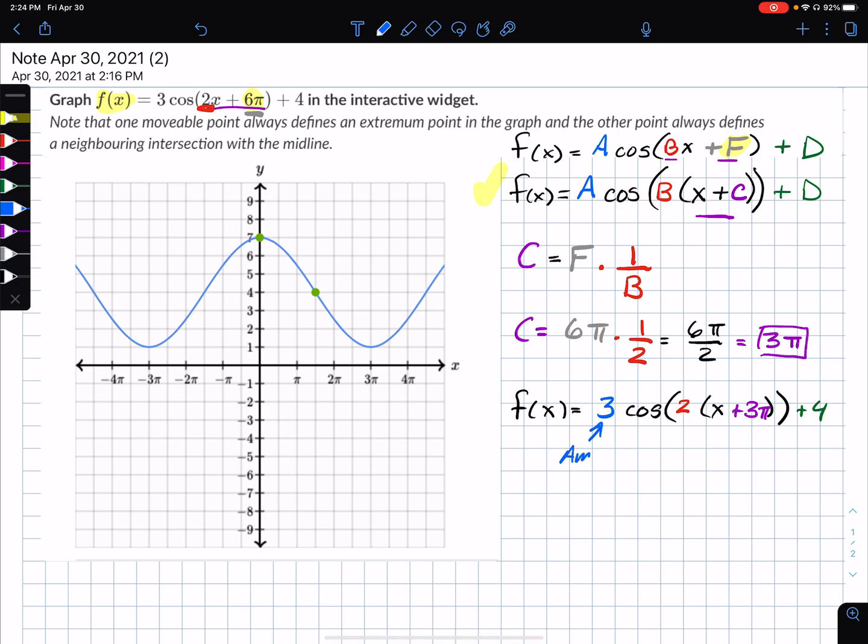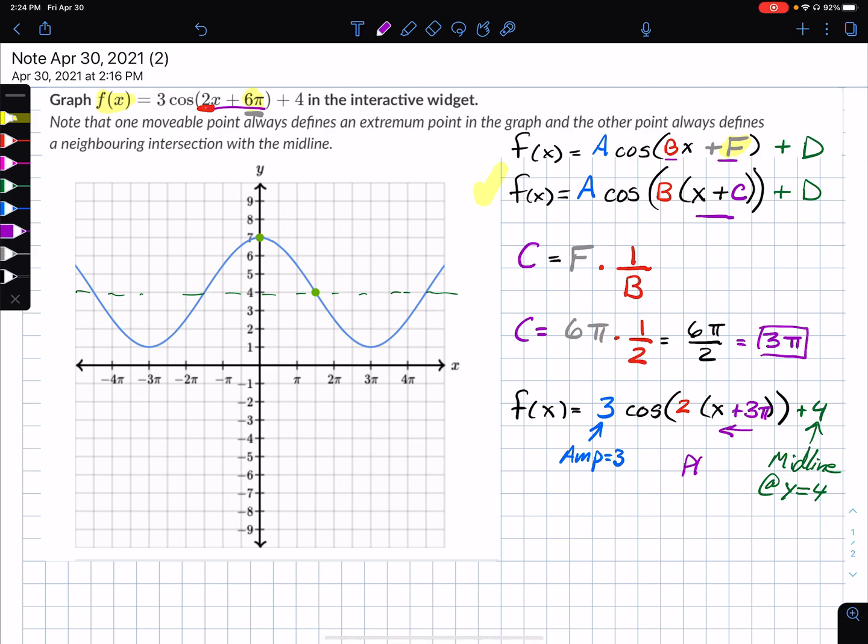So I'm just going to diagram with words here. Amplitude of 3, midline of positive 4, and you can see that on the graph here going right through the middle of that wave. That looks good. Next, I'm going to talk about the phase shift. This is a phase shift left 3 pi.